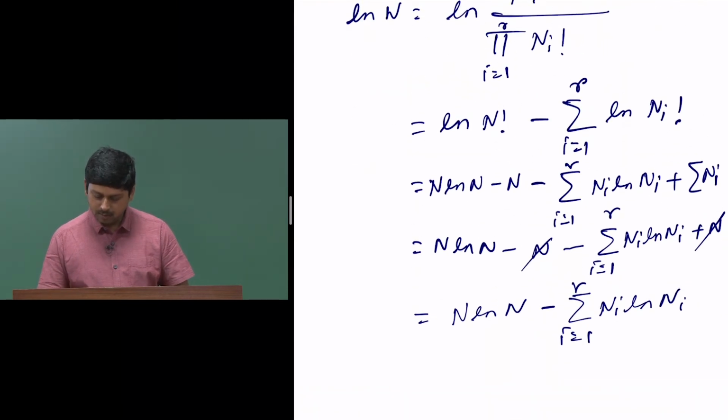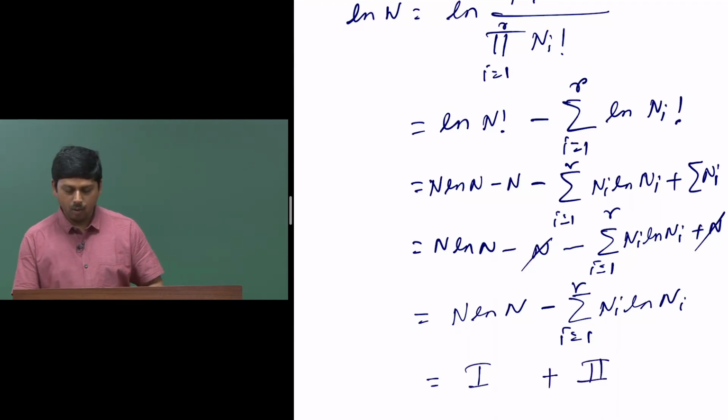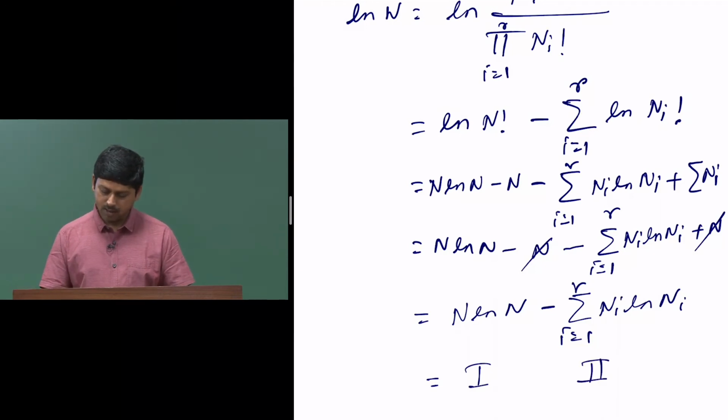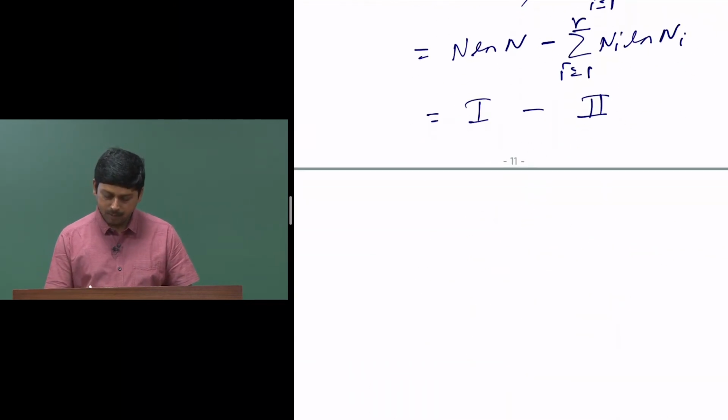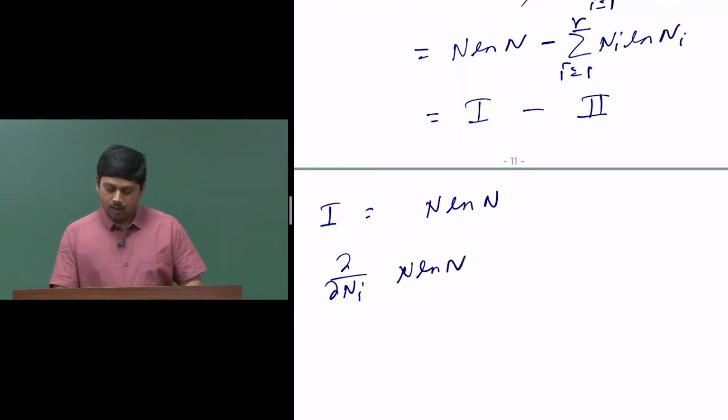Now, this equation I can write in two parts, 1 and 2, or 1 minus 2, because that is in minus. Let us put it as 1 minus 2. Now, we will do that separately. 1 is n ln n. So, we have to take the derivative, therefore ∂/∂n_i of n ln n. How do I do that?